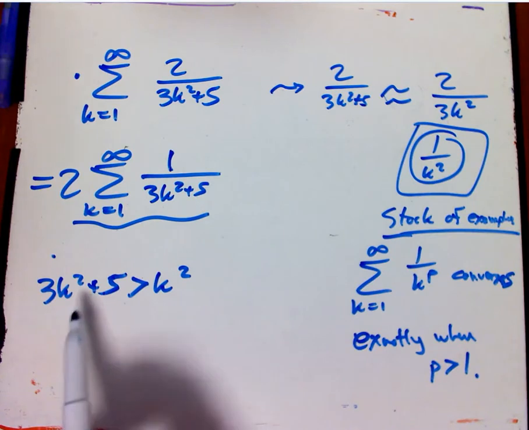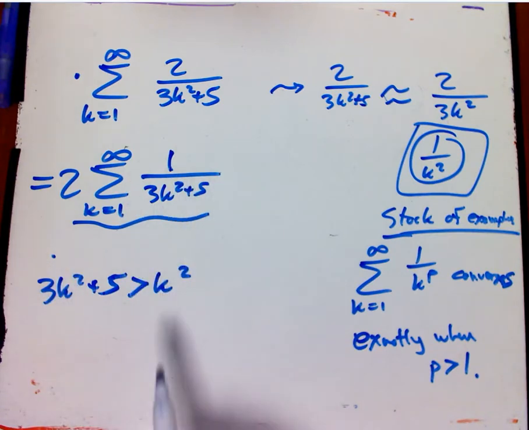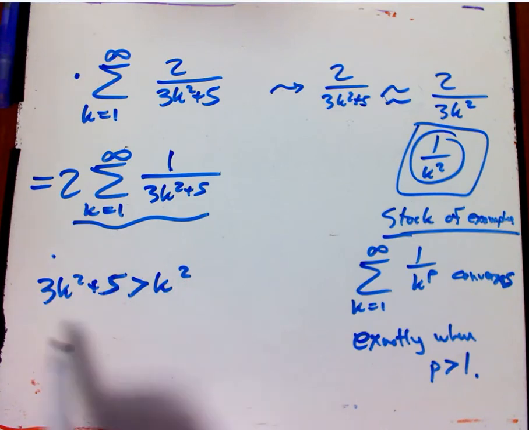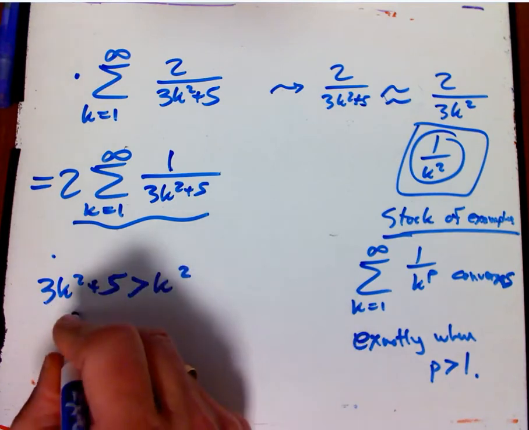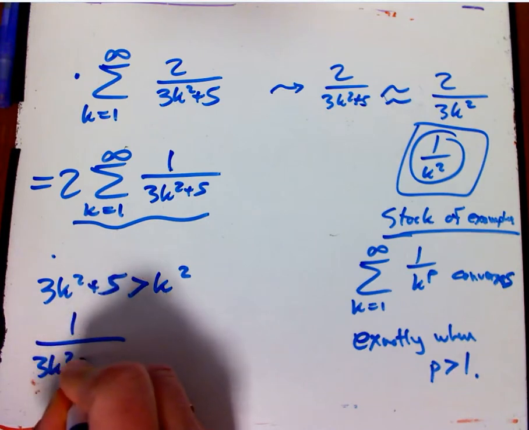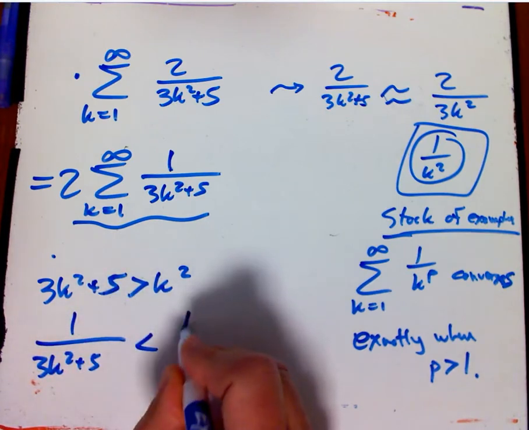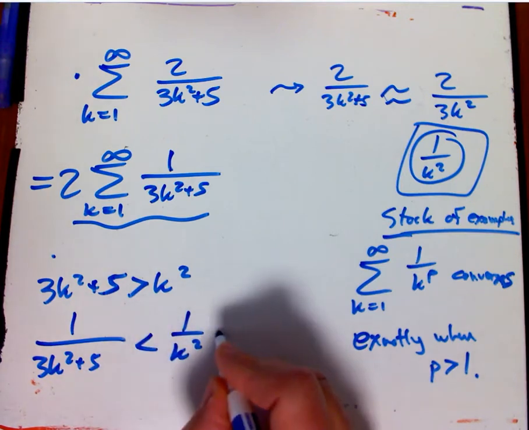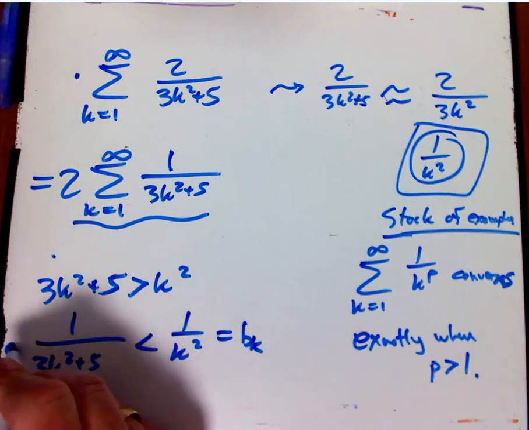Notice I'm starting out with a simpler expression that doesn't have the fraction in it, where I can just start out with an inequality that I'm absolutely sure of. So start with something you're sure of. Then, when I take the reciprocal of that, it flips the sense of that inequality. Aha. So this is what we would call b sub k, and this we would call a sub k.